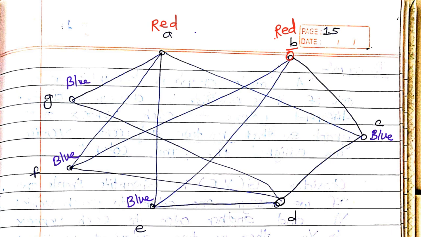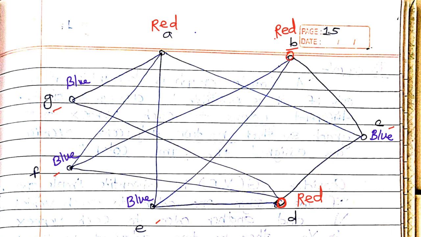That is vertex D. If you observe, all the neighbors of vertex D have blue color. E is blue, F is blue, G is blue, and C is blue. So we have to give red color to vertex D.